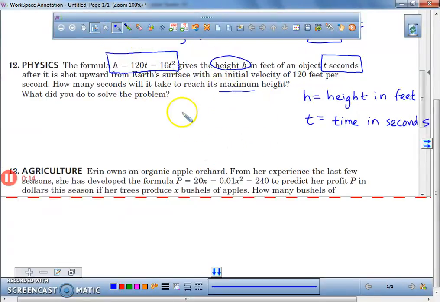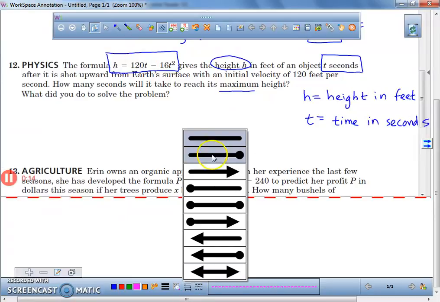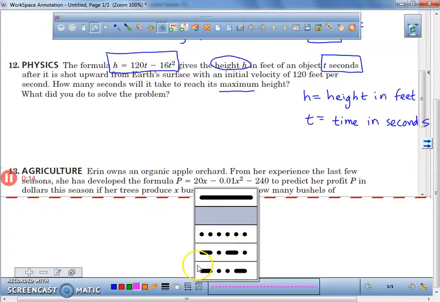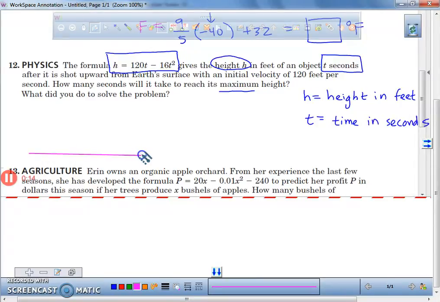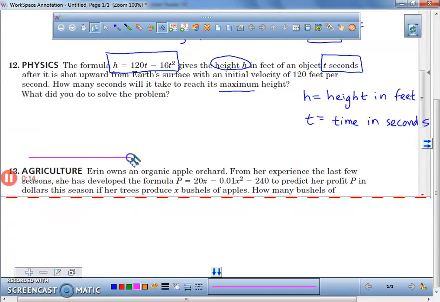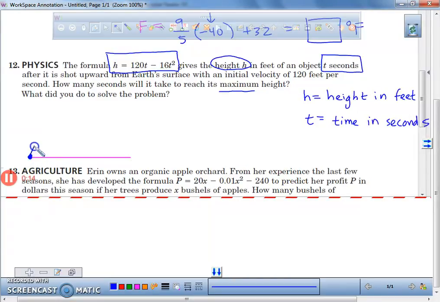So here's what I want you to do on your paper. I'd like you to draw the ground on your paper. Let's pretend it's level, even though I know most ground isn't perfectly level. Now, let's pretend that we're shooting something from the surface of the Earth, right here, and you shot it upward.